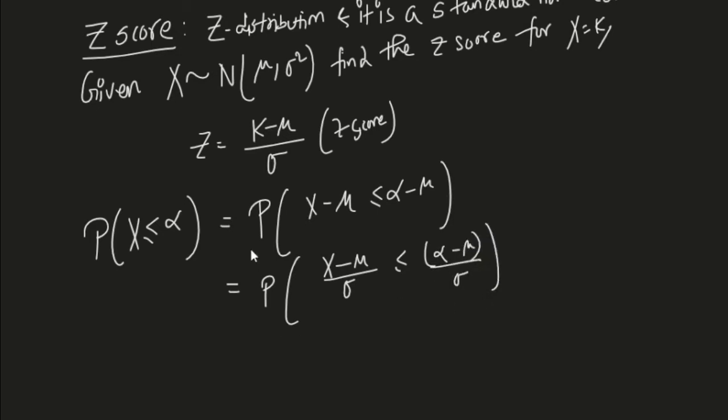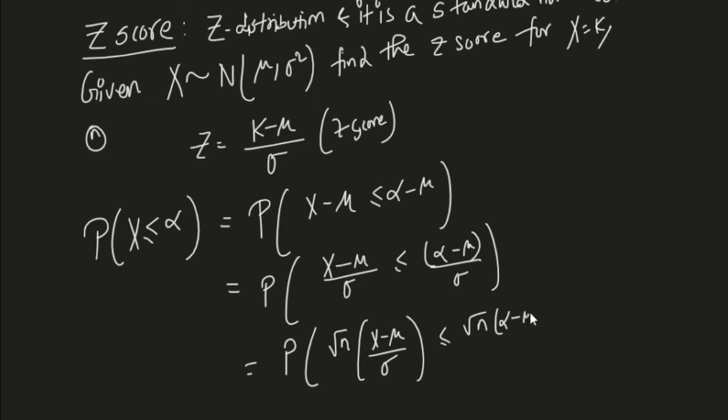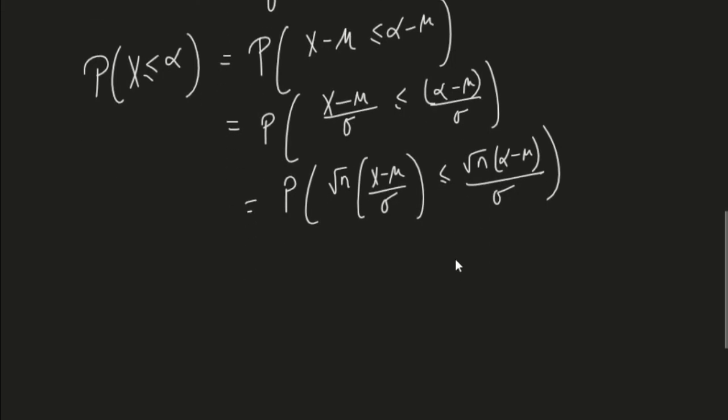If x is directly a normal variable, it's fine, but if x is just representative of a sample which has n entries in total, then we multiply by root n on both sides, and same here. Now this x minus mu by sigma multiplied by root n: let t equal root n by sigma into x minus mu.